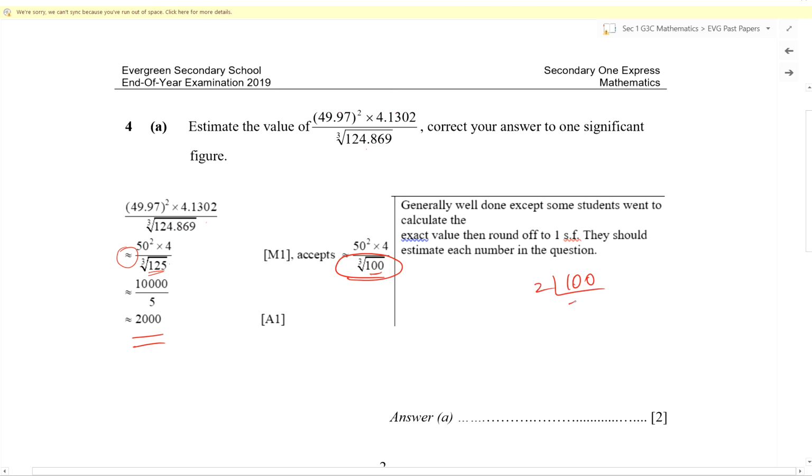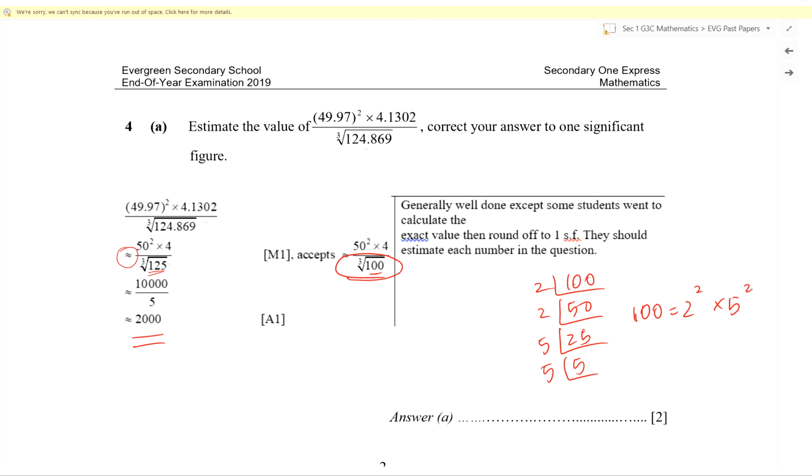100, 2, 50, 2, 25, 5, and 5. 100 is the same as 2 power 2 times 5 power 2. Look at the powers of 2 and 5. What are they? 2 and 2. They are even numbers. They are multiples of 2.